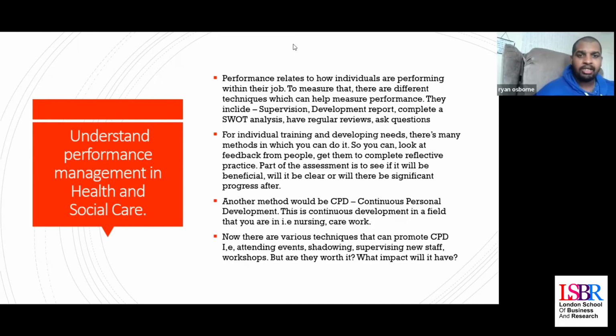When they look at you, they will say what your strengths are. You may communicate well, you may have a good eye for judgment, or you may suggest new ideas and new ways of working.